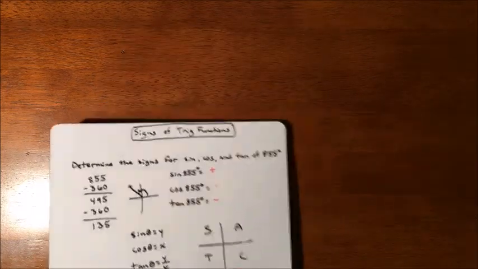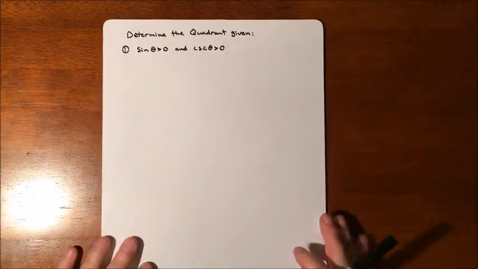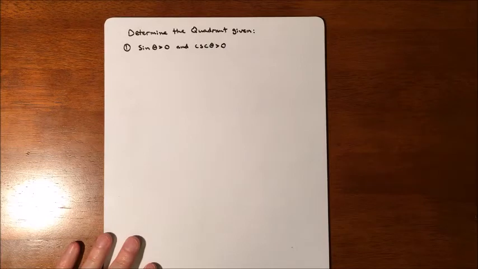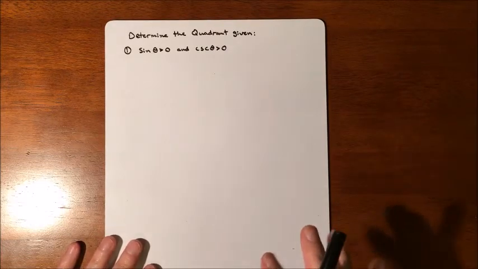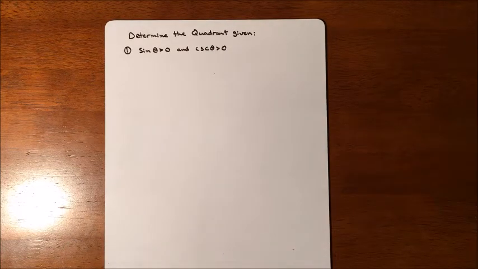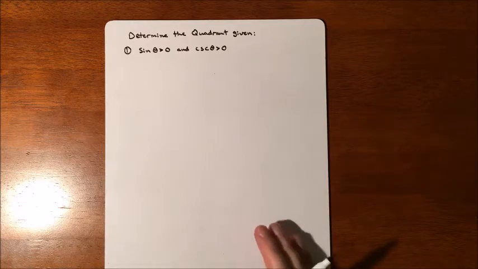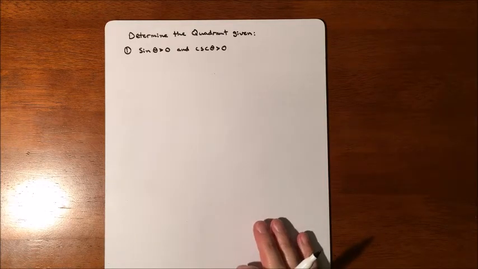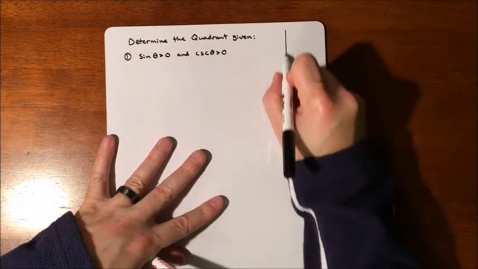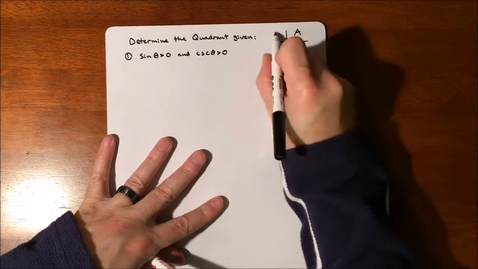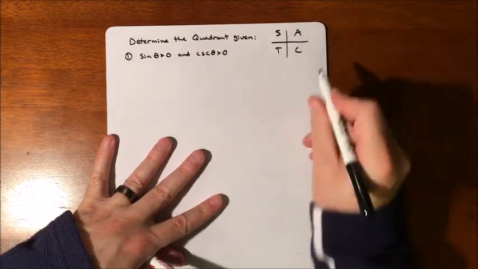So if we look at a different kind of question, it's still going to relate to some signs, but this one's a little bit different: they could give you information and you figure out what quadrant they're talking about. So I'm still basing it off of this, a smart trig class.